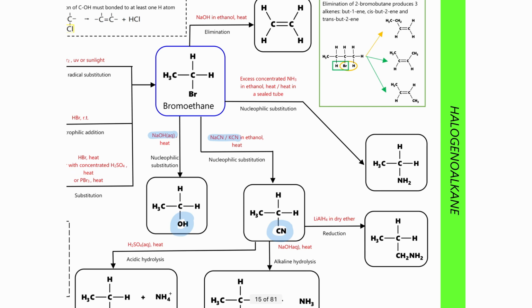And lastly, we have ammonia as the nucleophile. We will make use of this reaction, which is hydrolysis of halogenoalkane, to move into detail for the mechanism, where we have OH minus as the nucleophile.